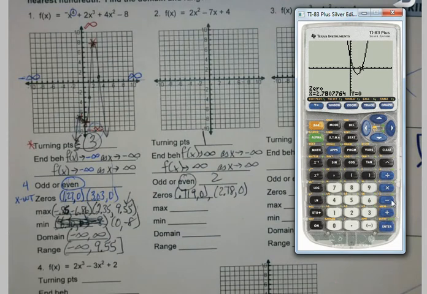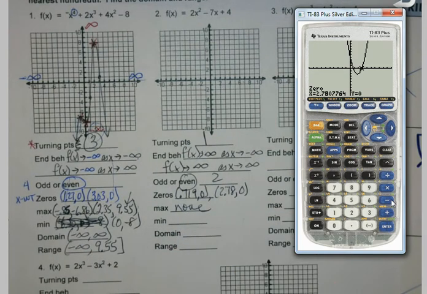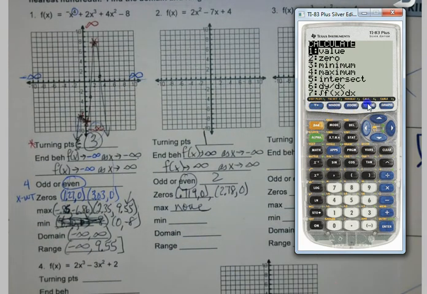Do I have a max this time? No. I see no hills, I only see valleys. So my min's down here somewhere, so let's find it.